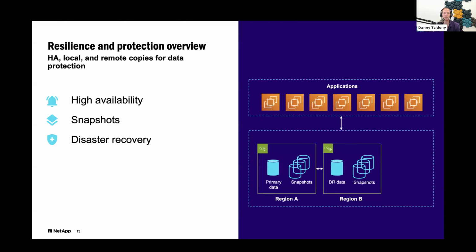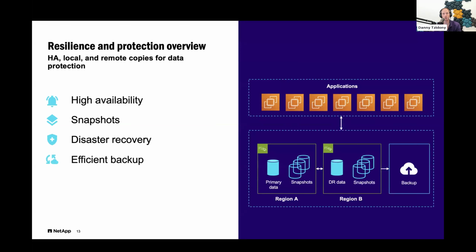Having multi-AZ is great and very important, but sometimes we want to make sure that we can fail over to an entire region completely. And with that, we have the disaster recovery capabilities that come with ONTAP, mainly SnapMirror, and we'll talk about those.